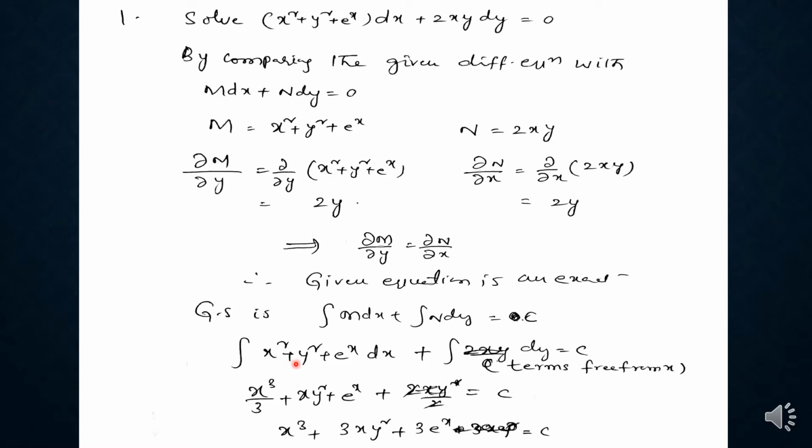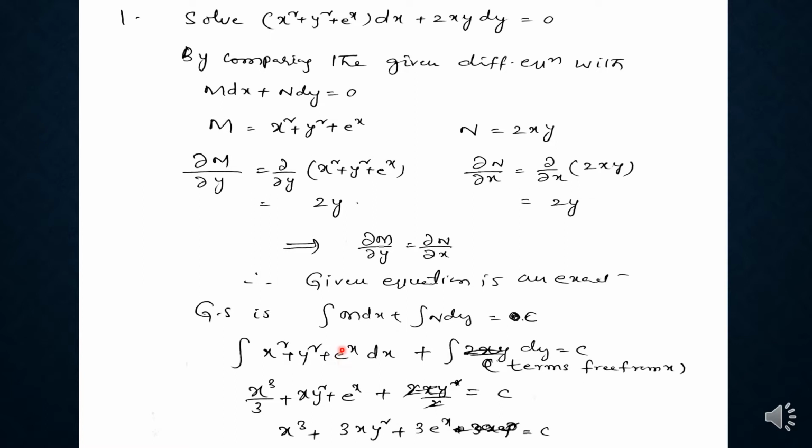Integral of (x square plus y square plus e power x) dx, where we are integrating the function with respect to x and y will be treated as constant, plus what is N here? N is 2xy, but we should take only y terms and constants which are free from x. There are no terms free from x, so here N is equal to 0. So plus integral 0 dy is equal to c.